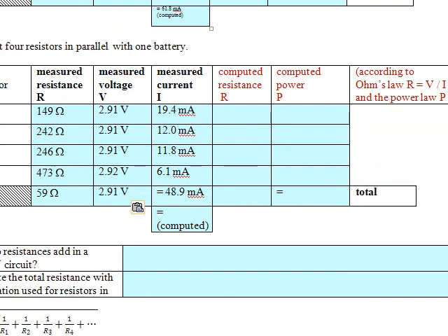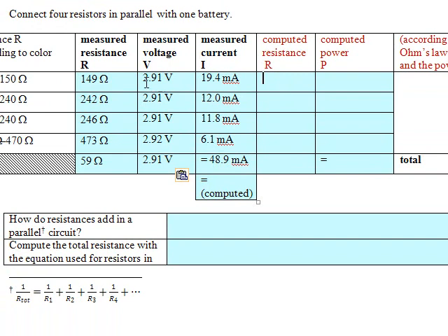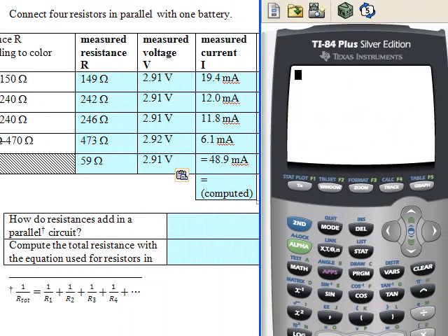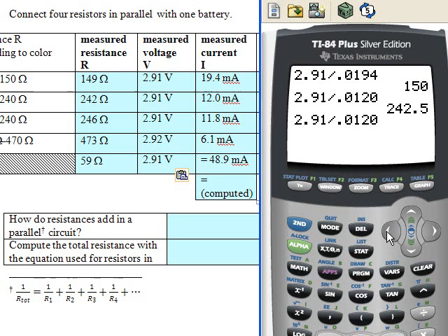Okay. Again, Ohm's law. Divide this number by that number. The voltage divided by the current. So 2.91 divided by 0.0194 amps. 2.91 divided by 12 milliamps. 2.91 divided by 11.8 milliamps.